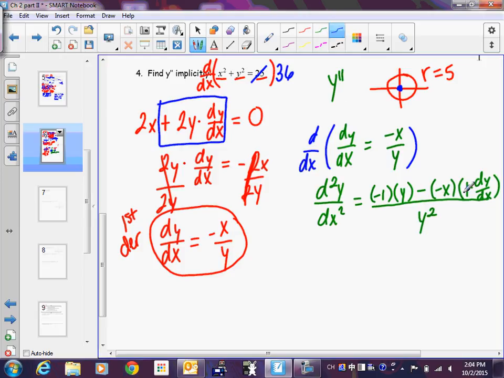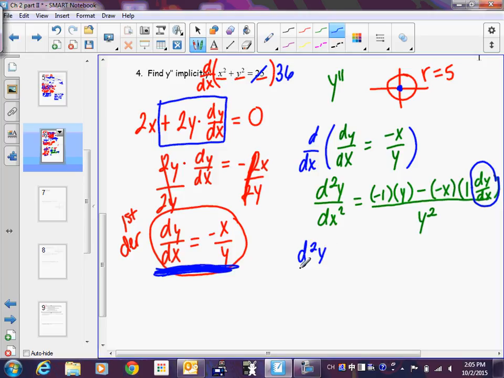The only thing, though, that I do have to take care of is this right here cannot be in my final answer. Your answer has to be just x's and y's and numbers and additions and subtractions and all that. So this isn't a crazy big next step. It's actually really easy. What is dy over dx equal to? We just found out earlier.